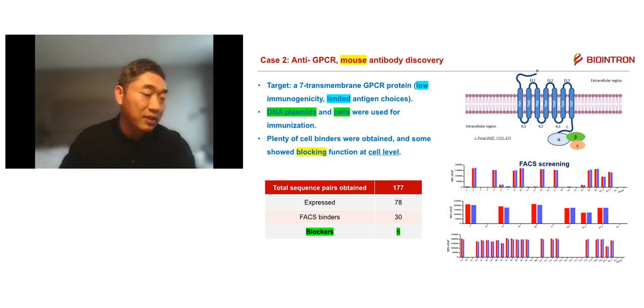The second case is kind of unique because the target now is a GPCR.